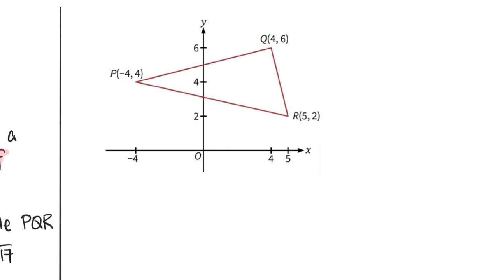So for part D of this particular problem, we are supposed to find the coordinates of S such that P, Q, R and S, where S is somewhere here, is a rectangle.